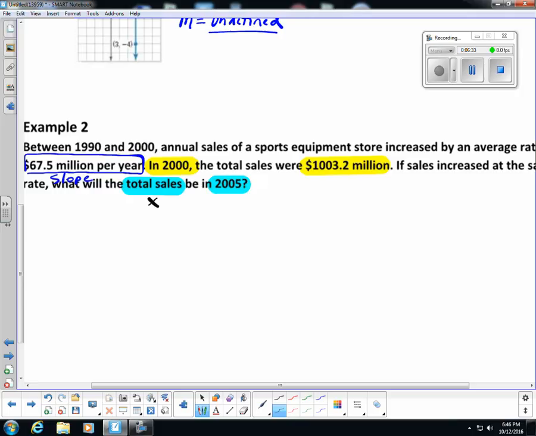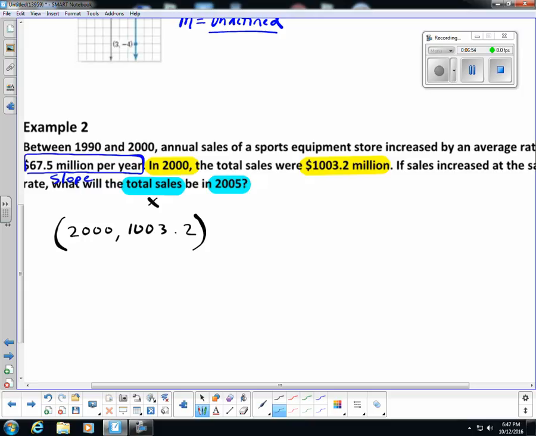Well, what you see highlighted in yellow, that ordered pair, is going to be 2000 and then 1003.2.